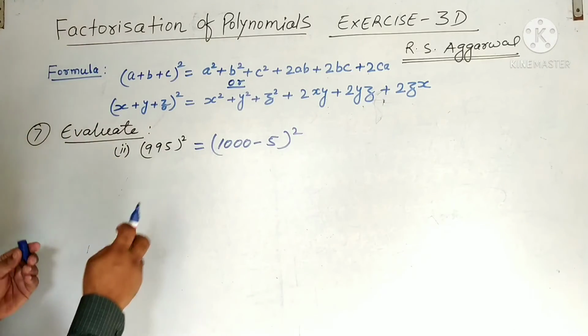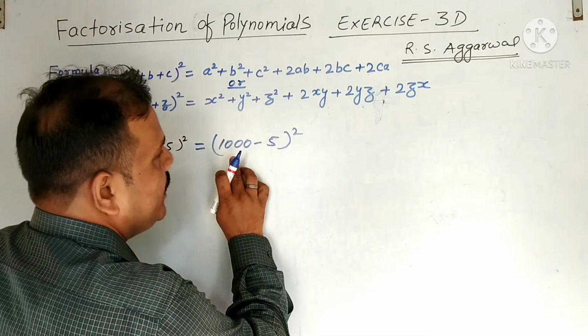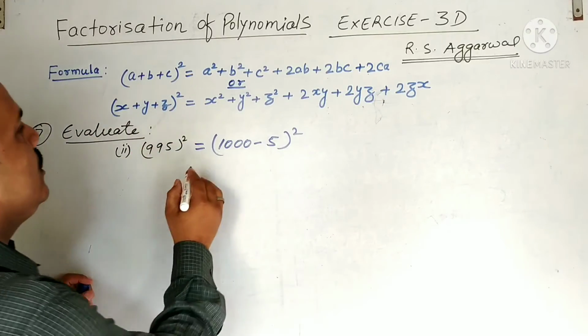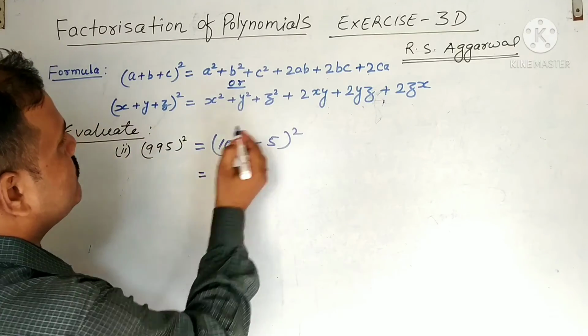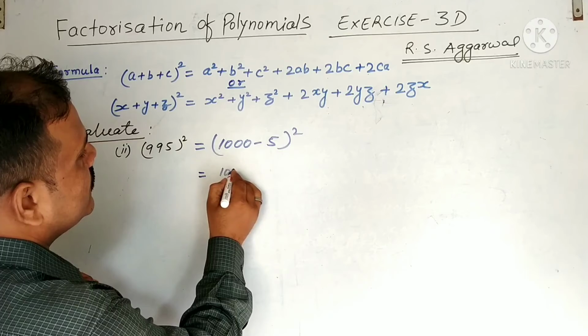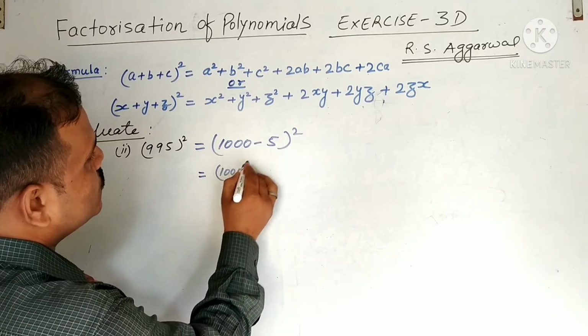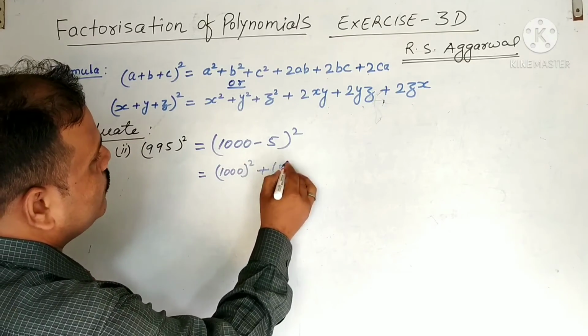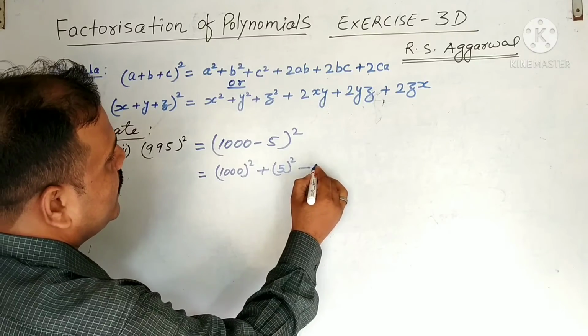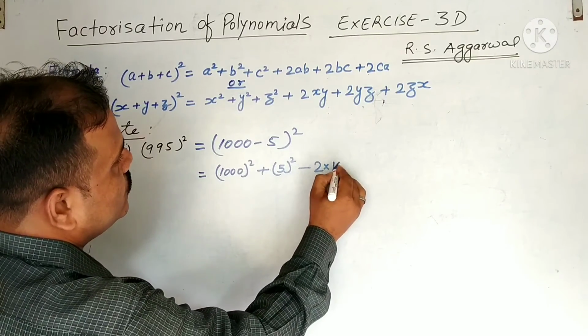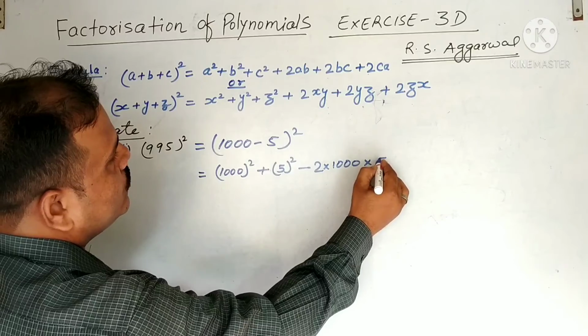Now this is based on the (a minus b) whole square formula, so you can use the a minus b formula. So what it will be? a square plus b square minus 2 into a into b.